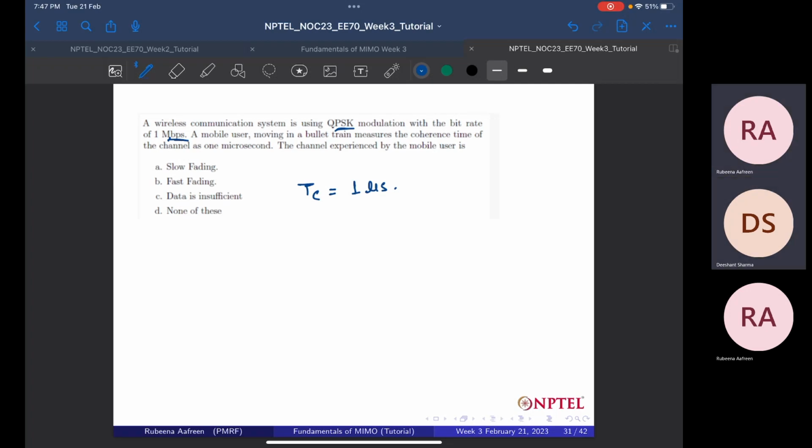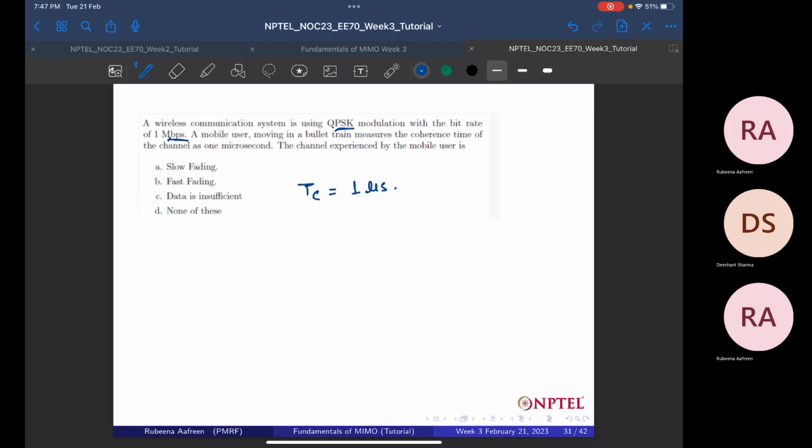How did you calculate it? How much is the symbol duration?